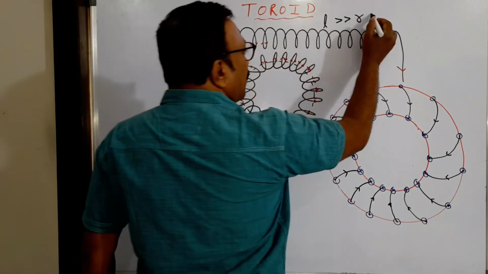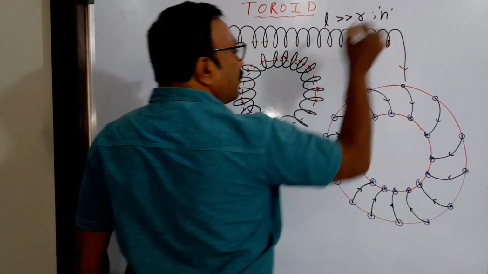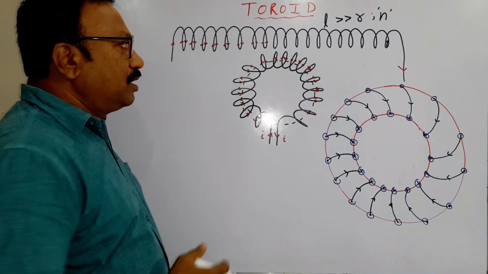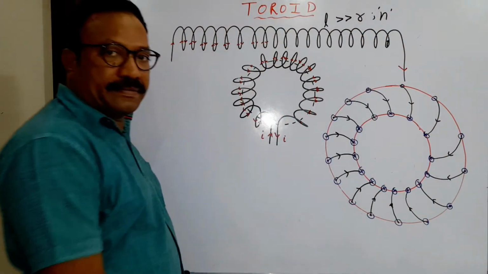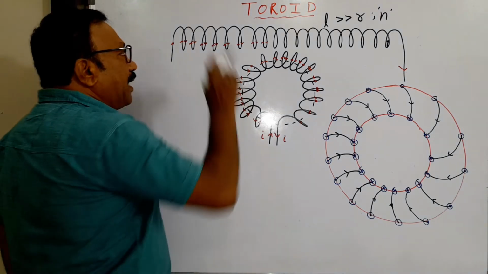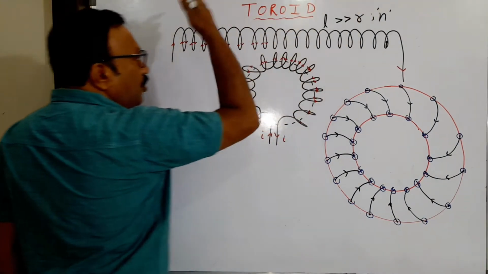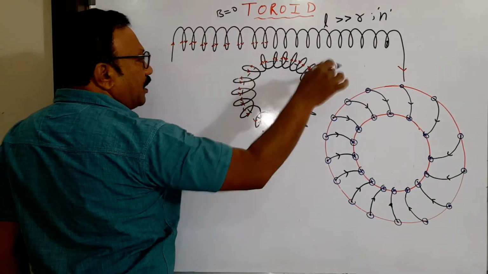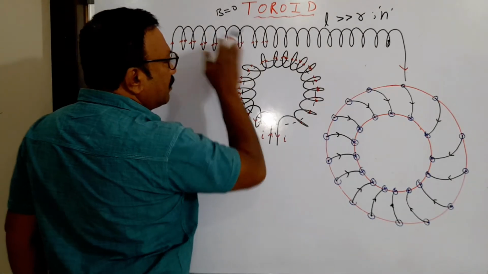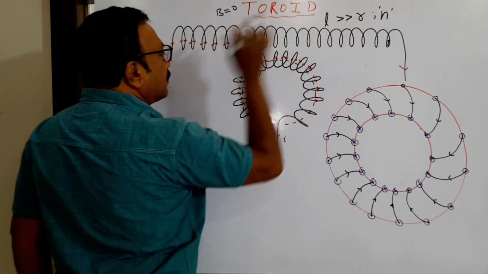N, the number of turns per unit length, must be large. The length is large compared to the radius. And the magnetic field outside the solenoid is zero. Here, in this region, outside, it is zero.